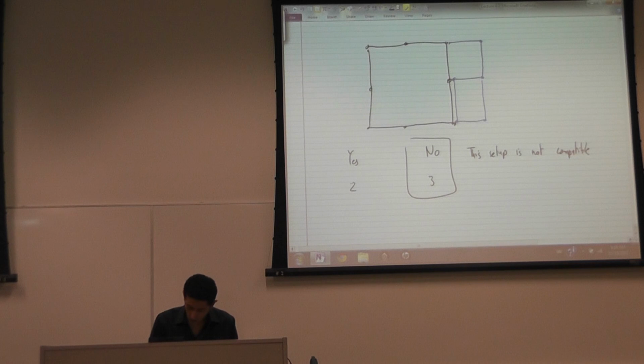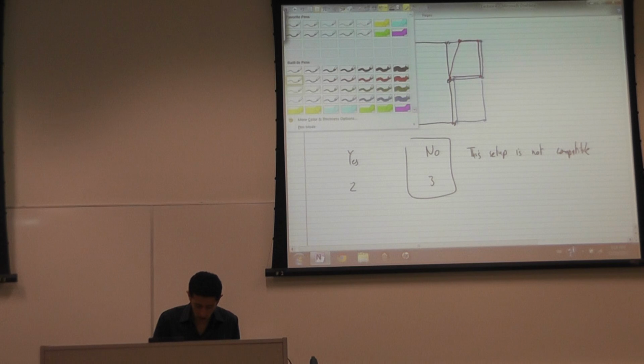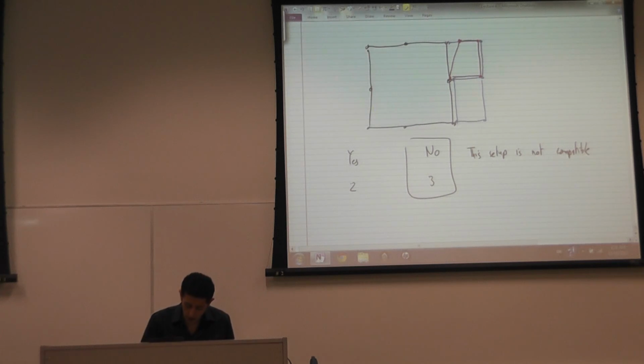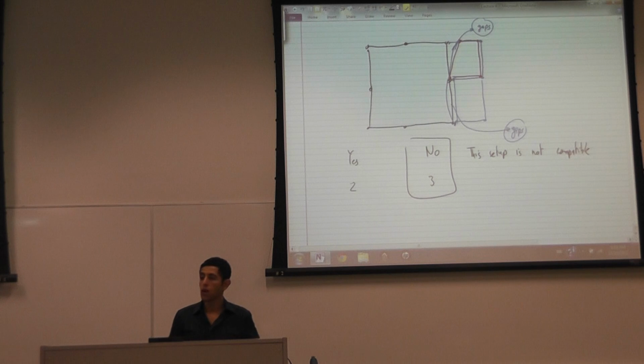This node gets here, let's say this node stays here. And this is the new shape of this element. The nonlinear element will have this shape. Which means you get gaps right here and gaps right here. They're not compatible.